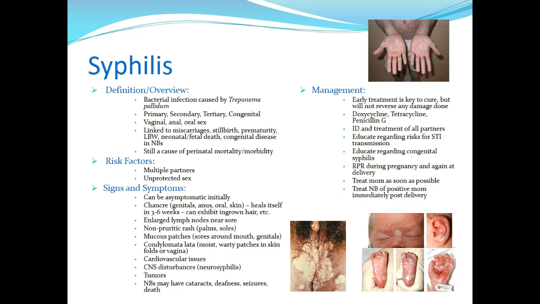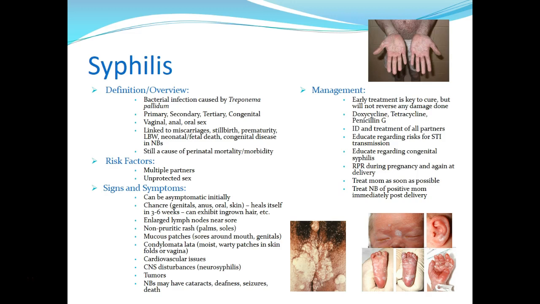Syphilis. Syphilis is a bacterial infection, and it comes in all kinds of different levels. There's a primary, a secondary, a tertiary, and a congenital type of syphilis.